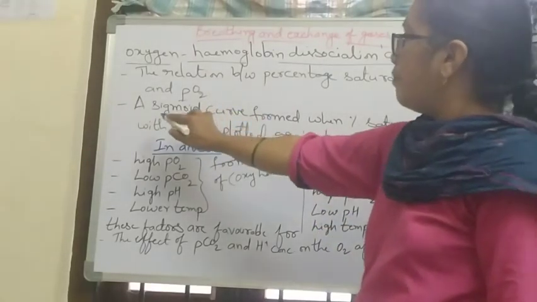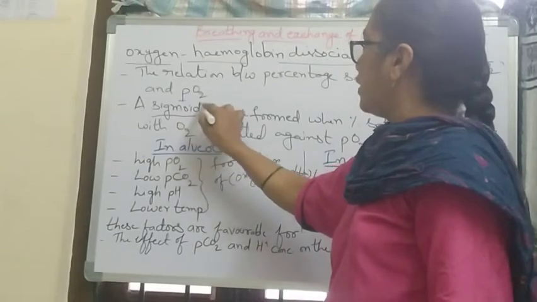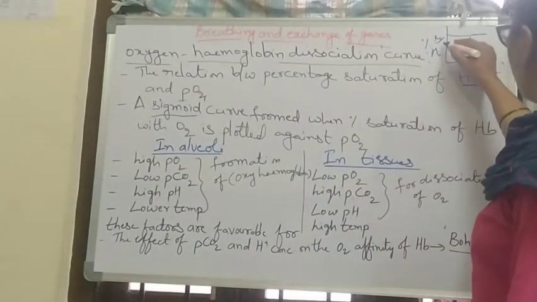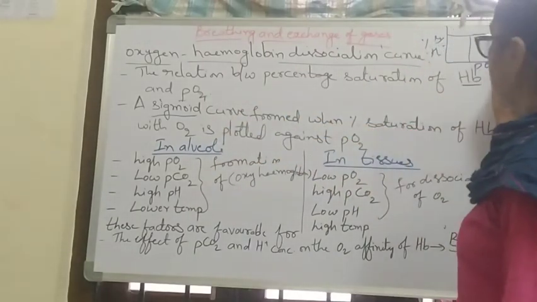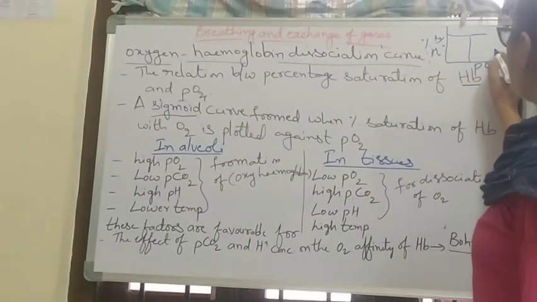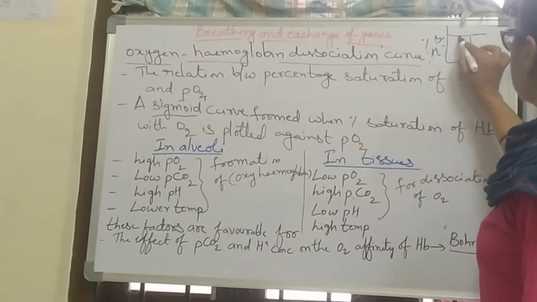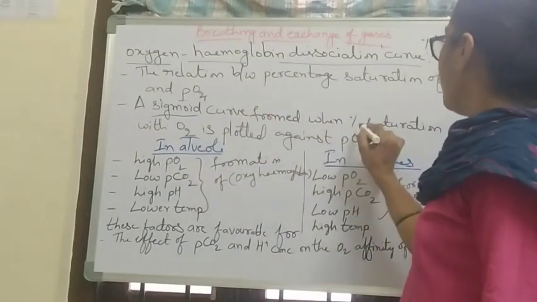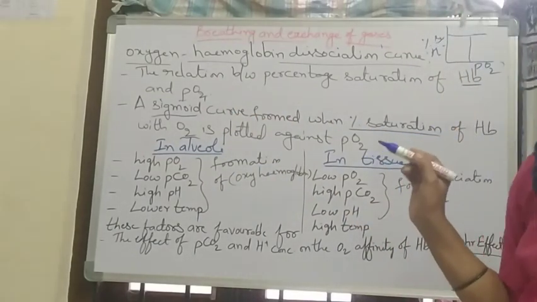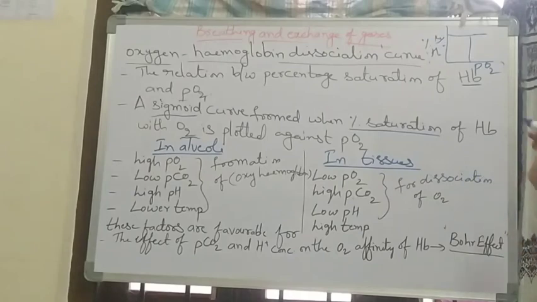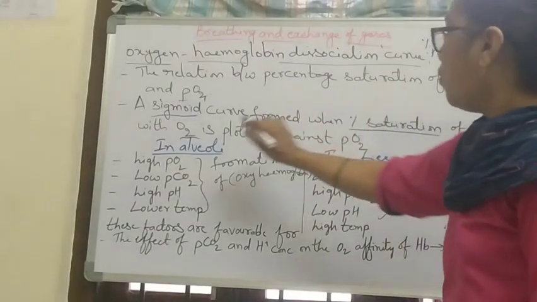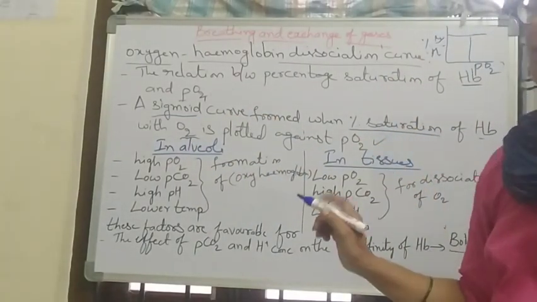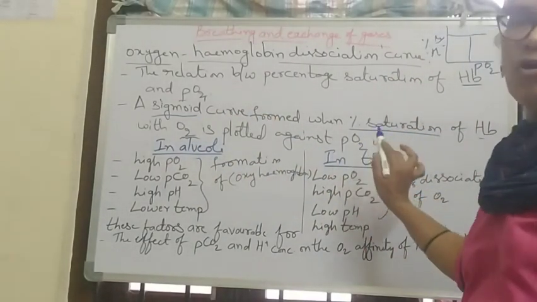Okay. Here mainly a sigmoid curve. A sigmoid curve is formed when the percentage of saturation of hemoglobin with oxygen is plotted against PO2. PO2 means partial pressure of oxygen.